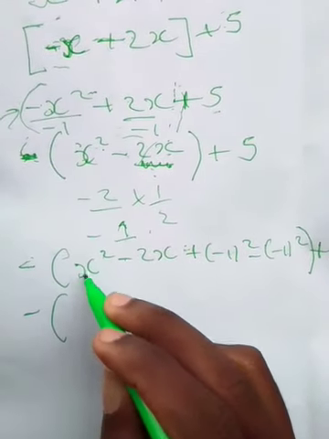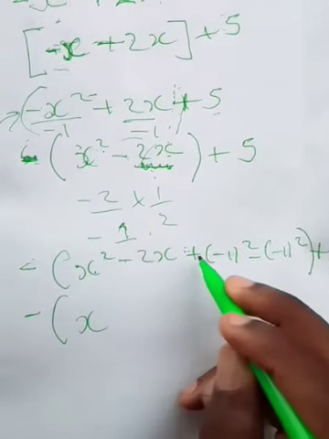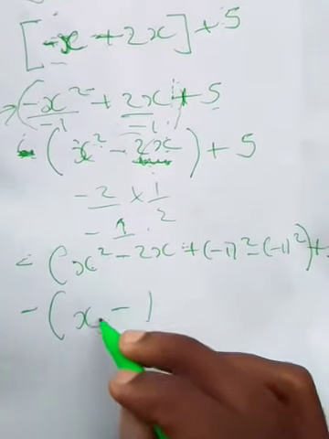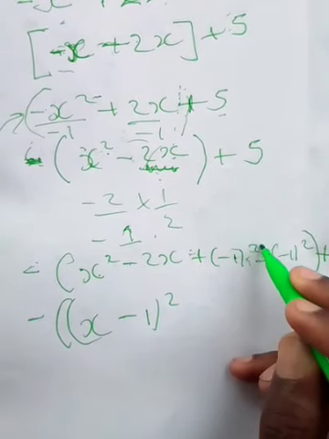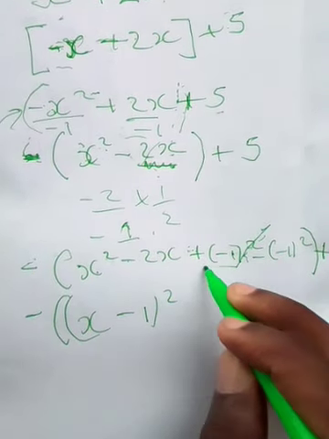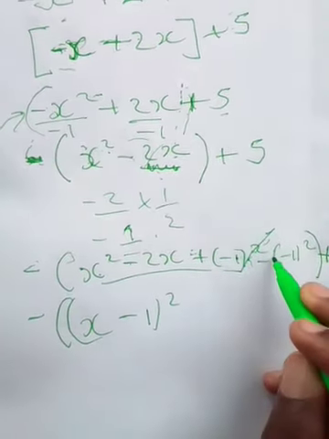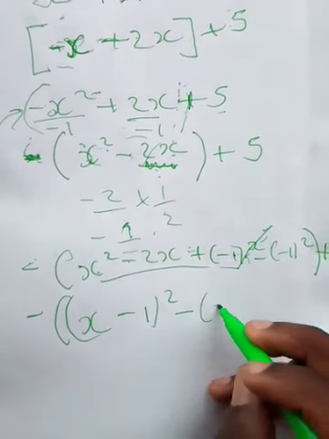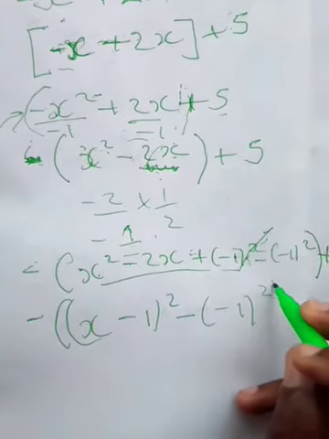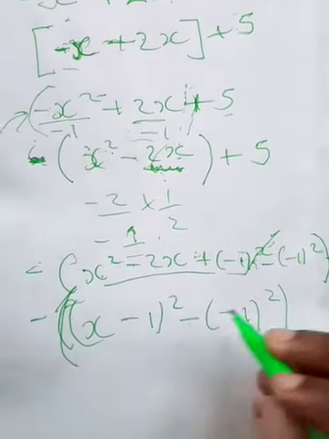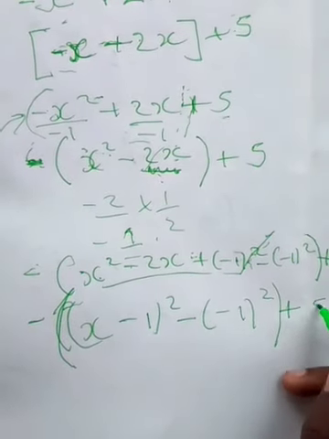Then you're going to deal with what is inside here. We're going to get this x, and I write this -1 here, the -1 squared. So far I've dealt with this, and I've only remained with negative this one raised to the power of 2. Yes, these are still in brackets. Then you add 5.